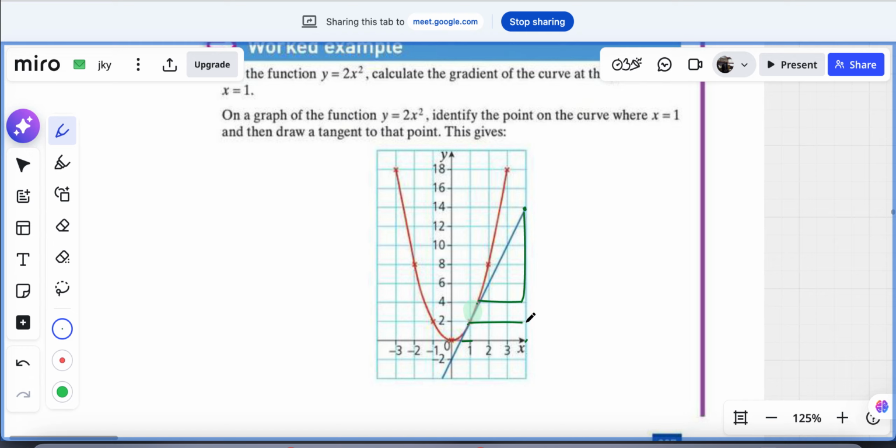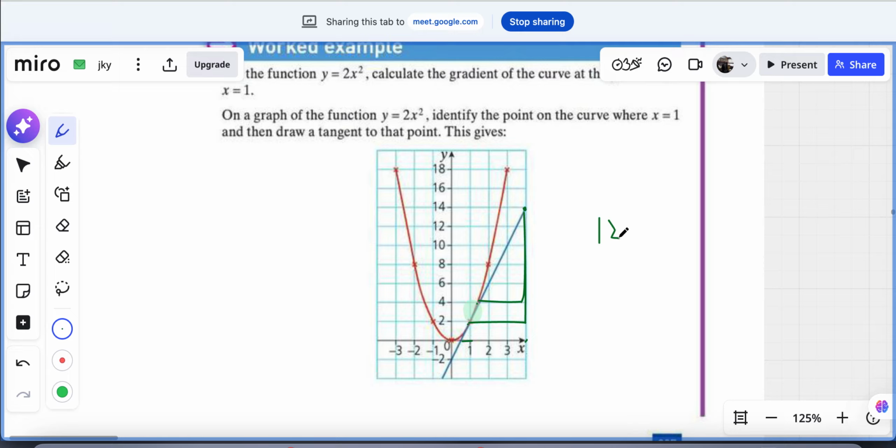Or let's even choose this place where the tangent touches, and this one. So this is a triangle here, here, and here.